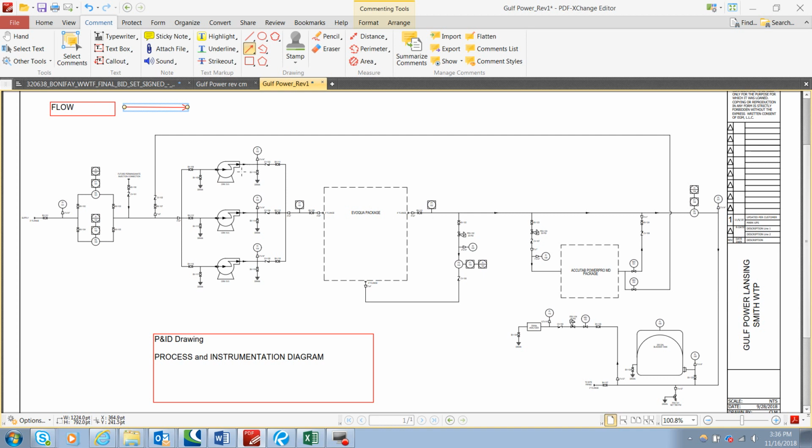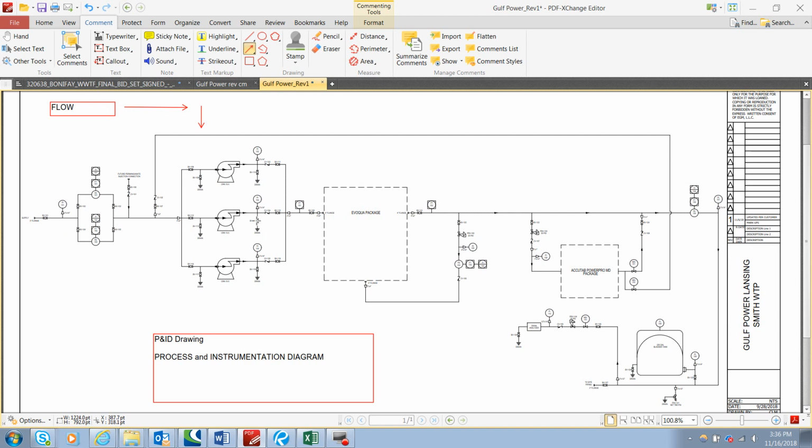It may or may not loop back around, but we go left to right. Up and down is the way that we read a P&ID, or we draw a P&ID. So it's important that we understand that there's a direction.